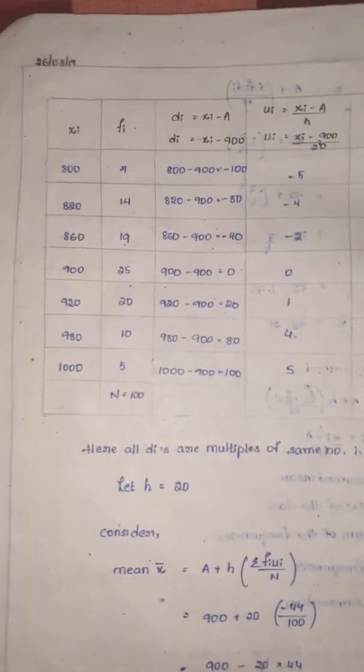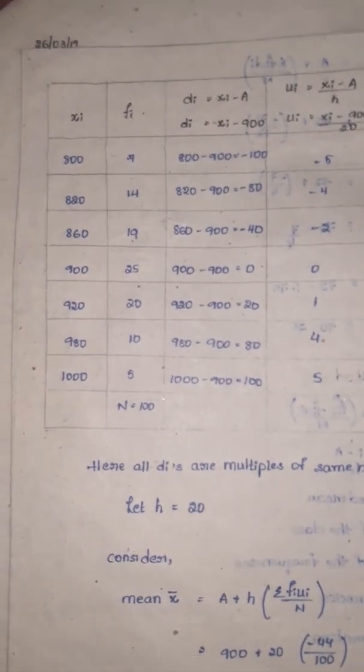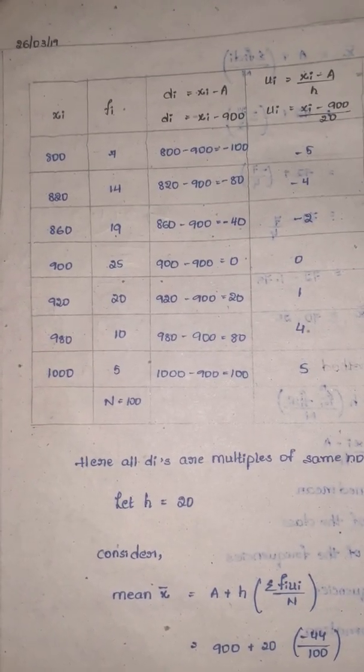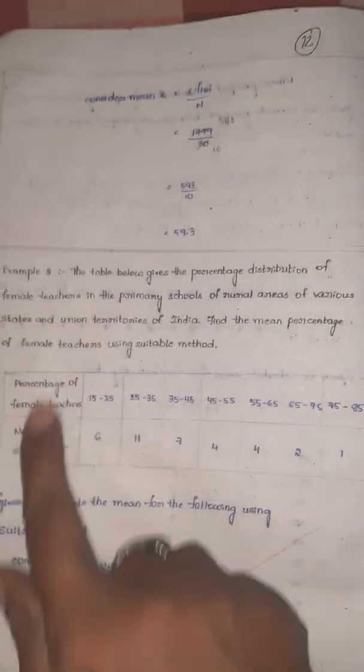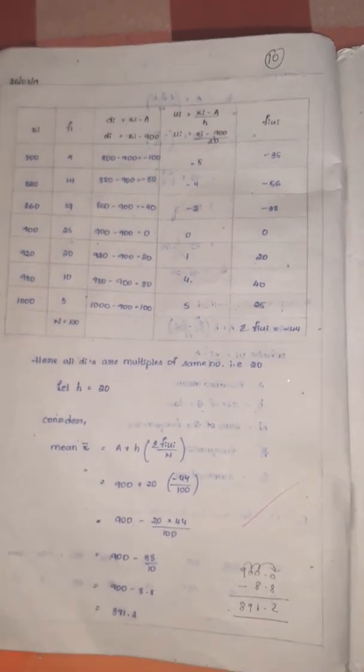Whenever numbers are given like this without class intervals, the type of data is known as discrete data or ungrouped data. Whenever class intervals are given like this in questions, they are known as grouped data or continuous frequency distribution. I will discuss some more problems in the next video.